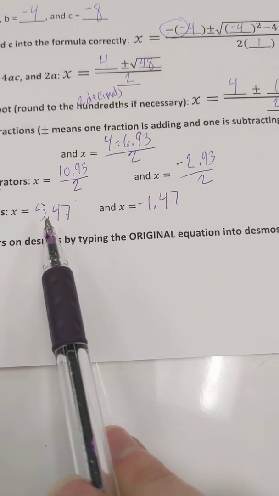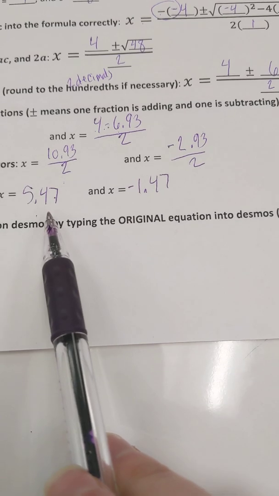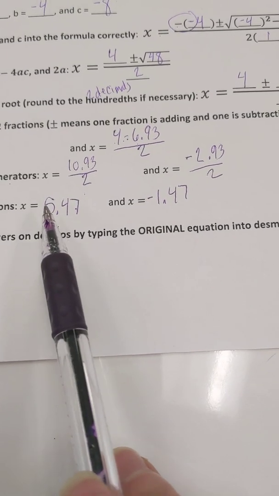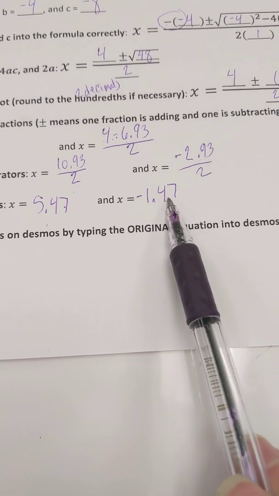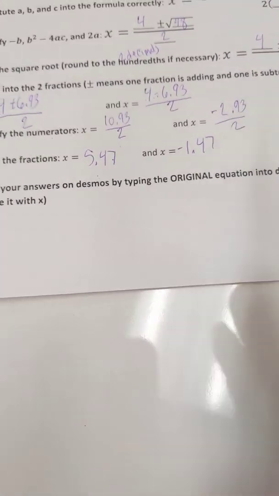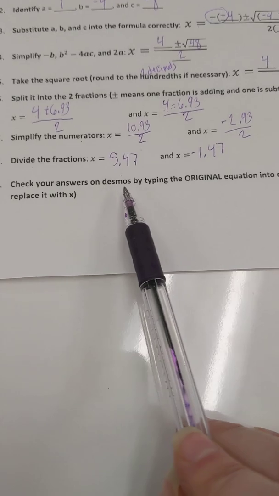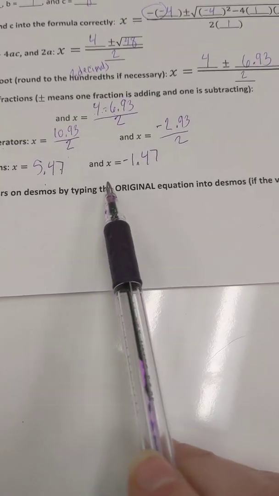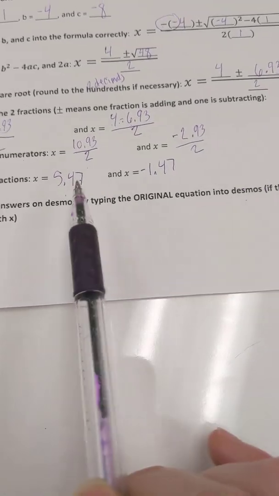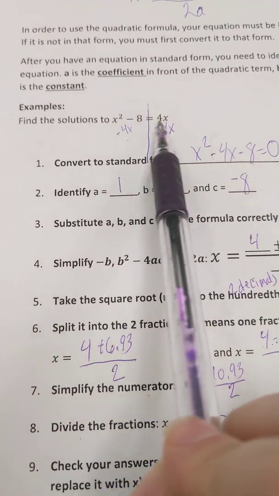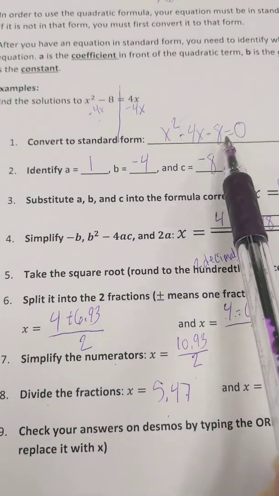So here are my two answers. I am saying that my roots, my zeros, my solutions, or my x-intercepts are supposed to be 5.47 and negative 1.47. So you're going to go ahead and pause the video and you're going to go on to the graphing Desmos. You're going to check your answers on Desmos by typing the original equation into Desmos. So the original, the one it gave you back up here, not this one that you converted.